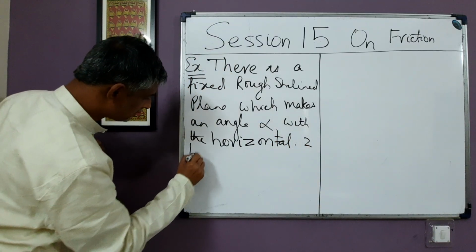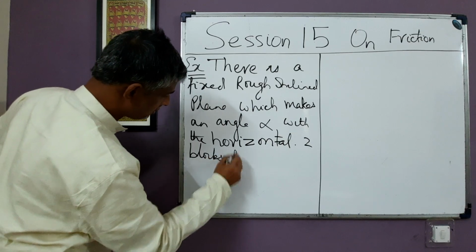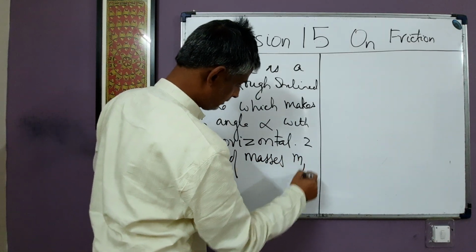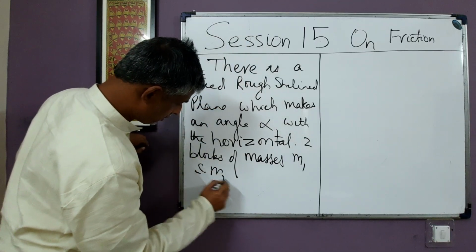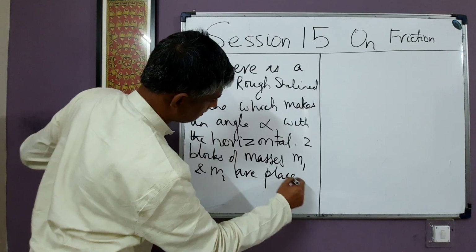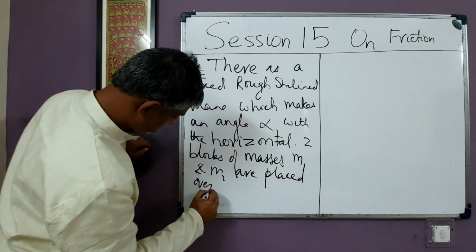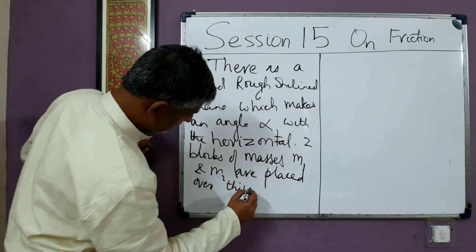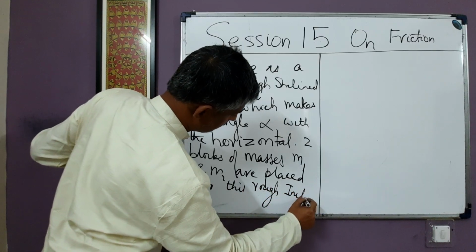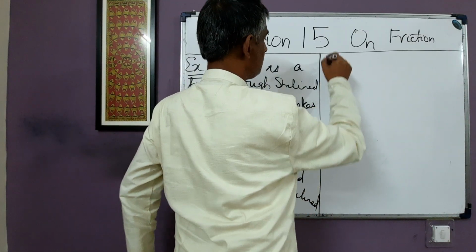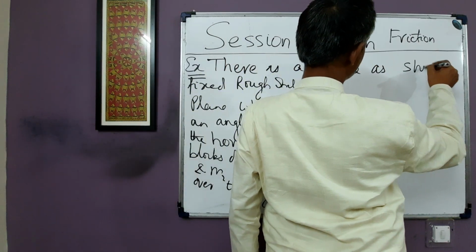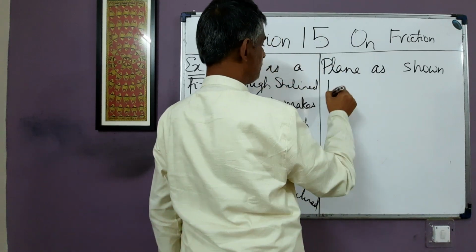Two blocks of masses m1 and m2 are placed over this rough inclined plane as shown below.